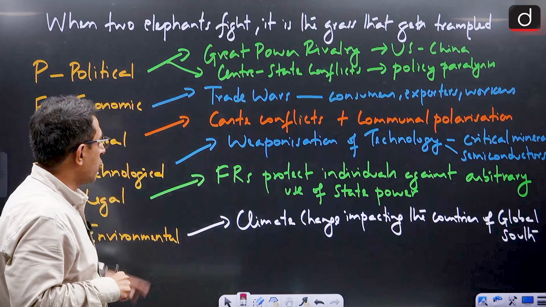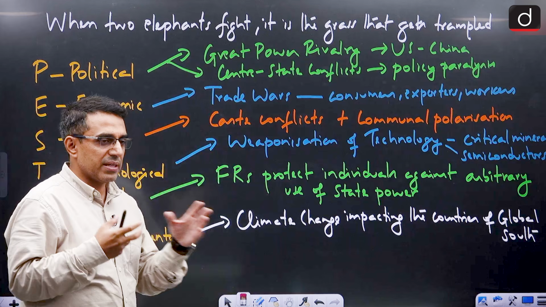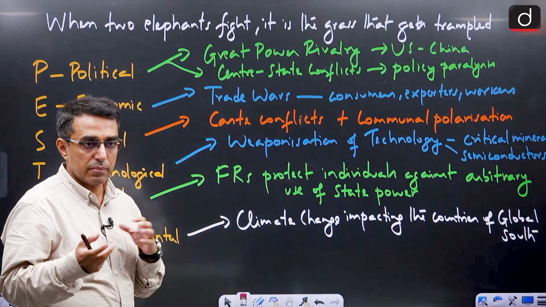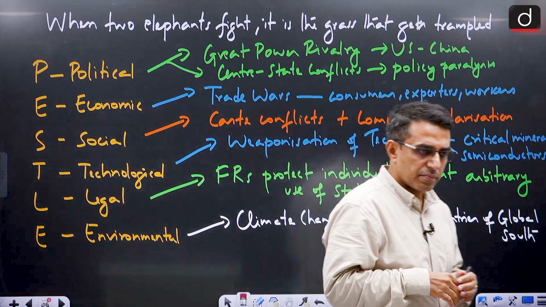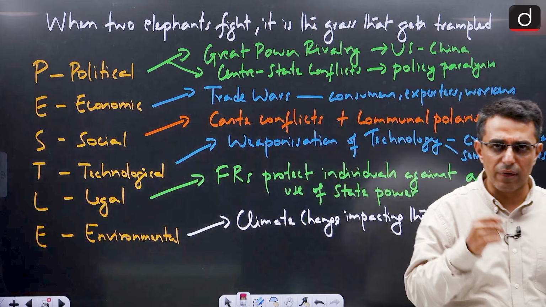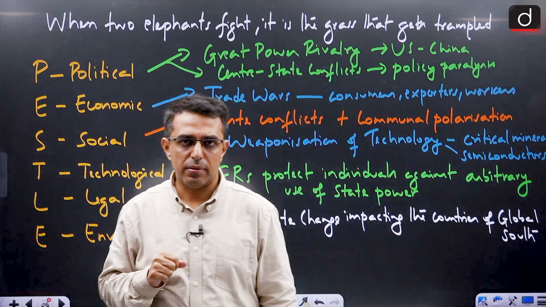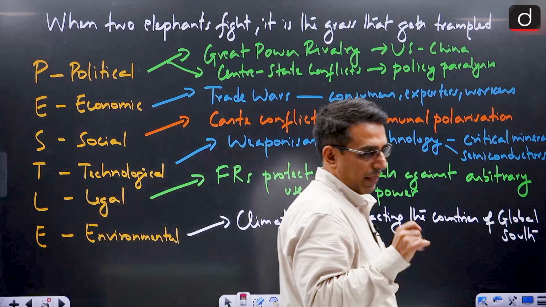Secondly, we can talk about the center-state conflicts also within India. So sometimes the central government and the state government are not on the same page regarding certain issues. For example, we can talk about even the governor issue, or maybe the Tamil Nadu government which was not implementing the PM SHRI scheme in Tamil Nadu, right?